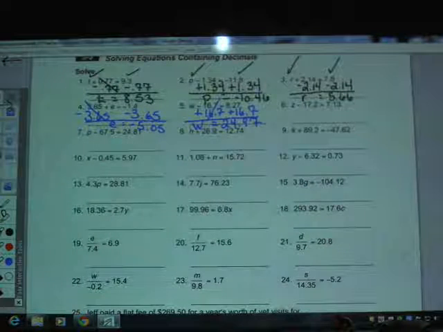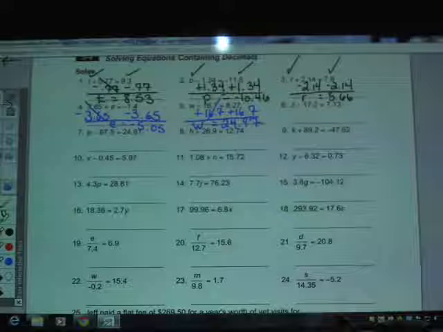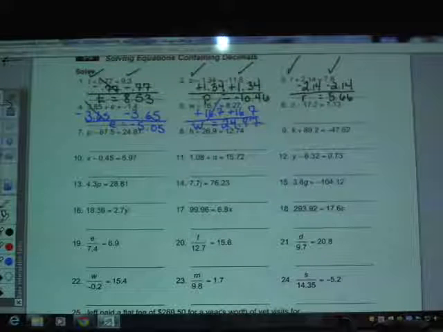Okay, number 6. z minus 17.2 equals 7.13. So again, variable on the left in the form of z, that's a good thing. Number on the right in the form of 7.13, that's a good thing. So the only thing that's not so good here is 17.2. That's a number and it's on the left, but it doesn't belong on the left, it belongs on the right. So we're going to get that 17.2 out of the way.